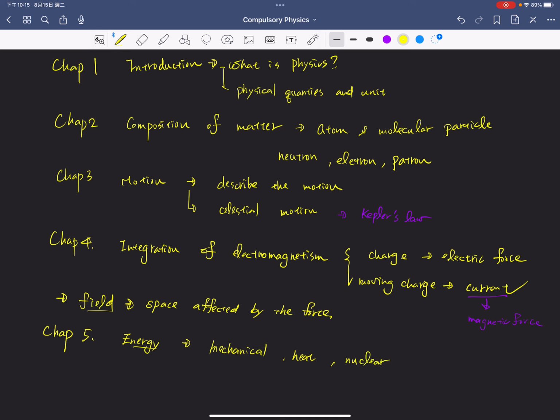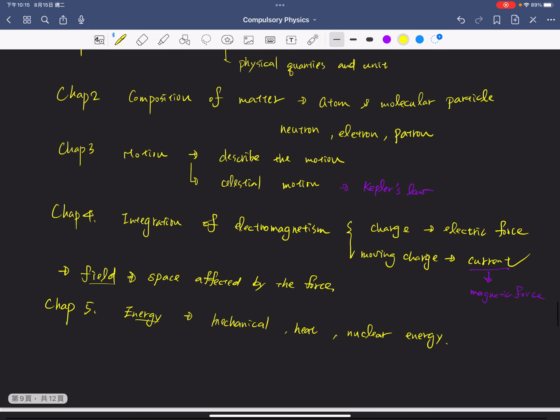Here we are talking about the conservation of energy, and we're talking about nuclear. I think nuclear energy will be more interesting for lots of people. And finally we are talking about modern physics.